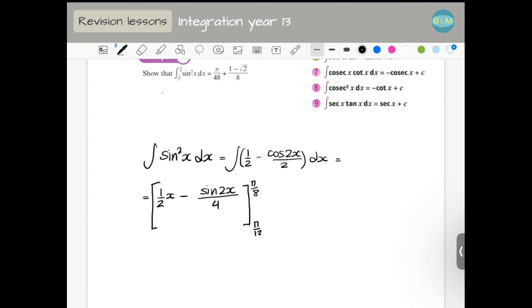I'm not going to do it, but you will have to substitute pi by 8 here and here. So you do f of pi by 8, always the first one first, and then minus f of pi by 12. Calculator in radians, because you have pi something, and then you find this one.